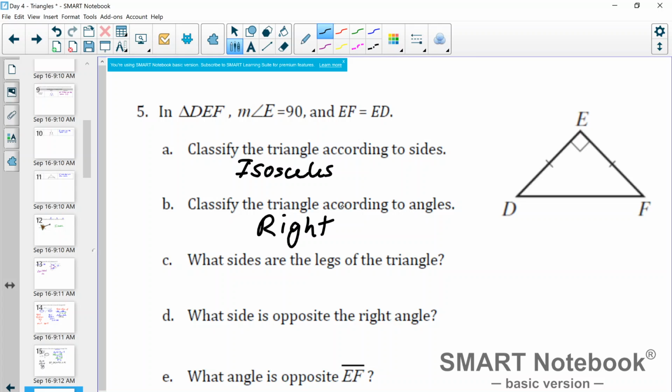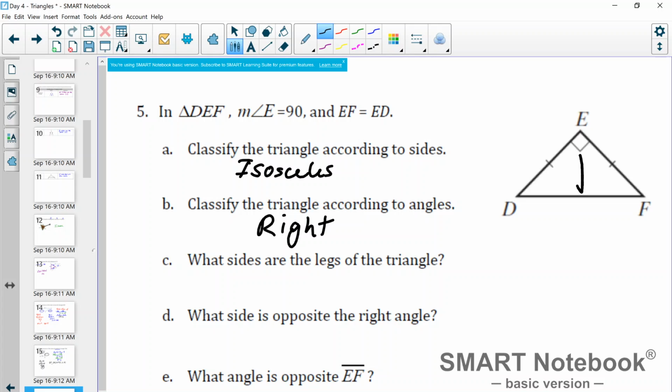When it comes to a triangle, you have 2 legs and a hypotenuse. The 2 legs are the shortest sides of the triangle. The hypotenuse is the longest side, and the hypotenuse is always going to be across from the largest angle. Now, in a right triangle, the right angle is going to be the biggest angle.